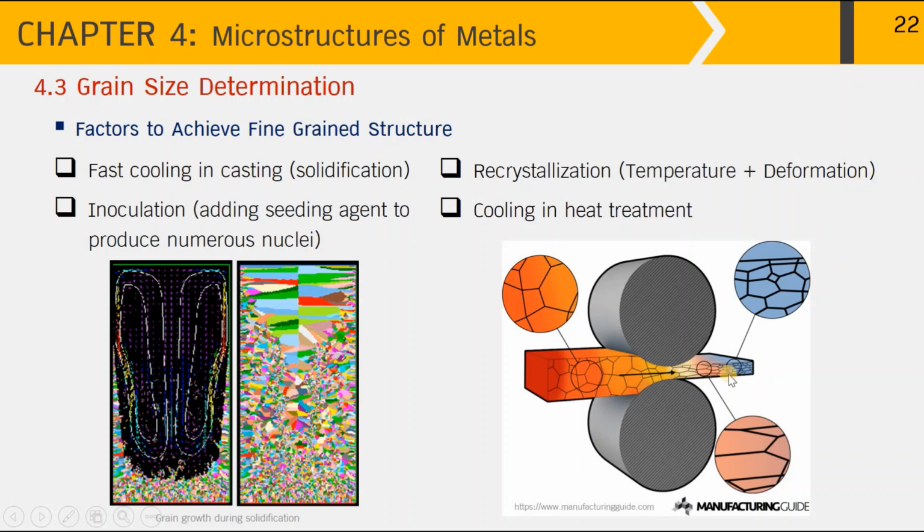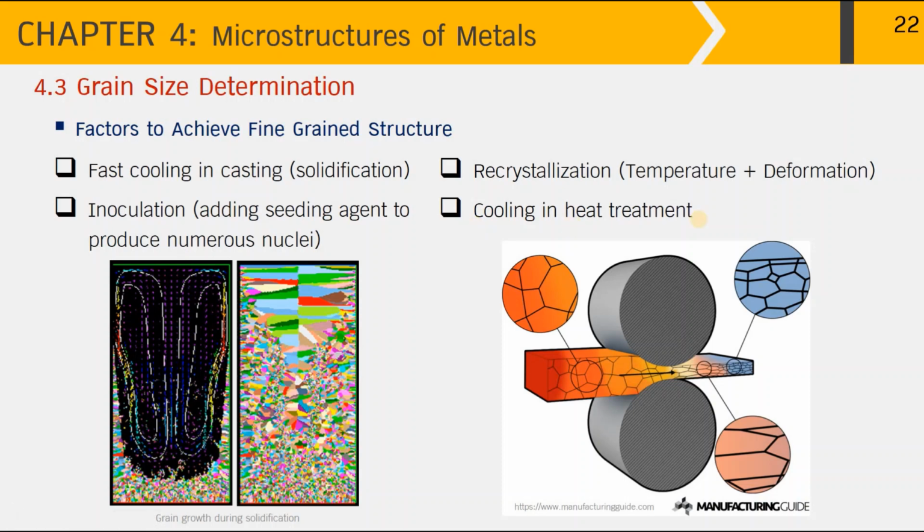The obtained microstructure is the refined grain size, as you can see on your right-hand side, and that is a very useful technique to produce metal with a refined grain microstructure and to give higher strength and ductility at the same time. Another technique is the cooling technique in the heat treatment process.